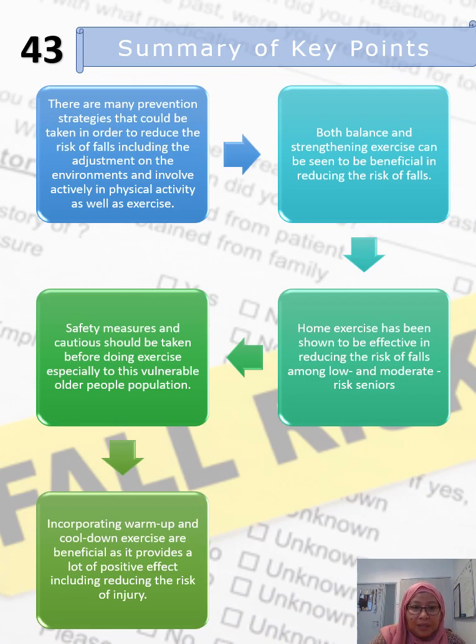Both balance and strengthening exercises can be seen to be beneficial in reducing the risk of falls. Home exercises have been shown to be effective in reducing the risk of falls among low and moderate risk seniors or elderly. Safety measures and continual caution should be taken before doing exercise, especially for this vulnerable older population.